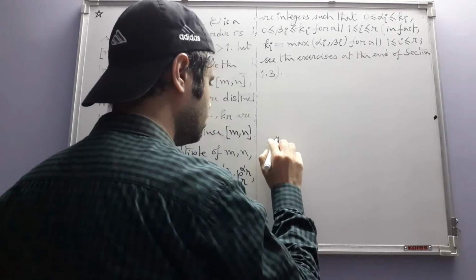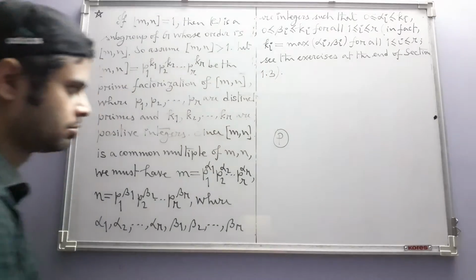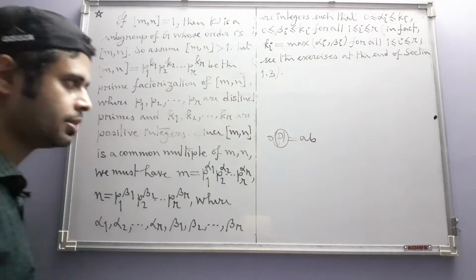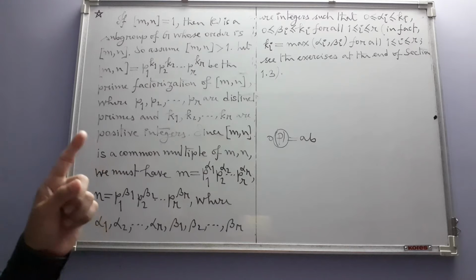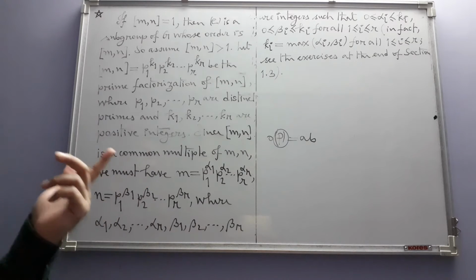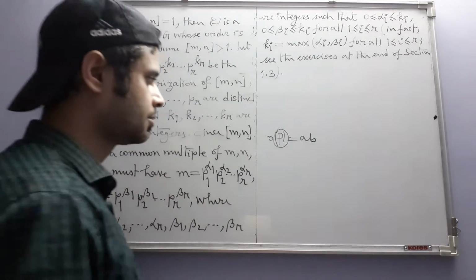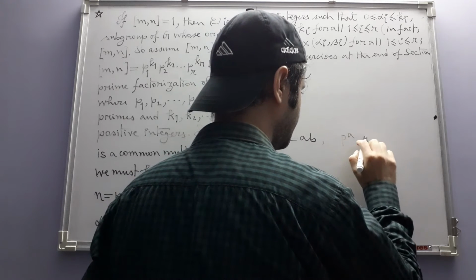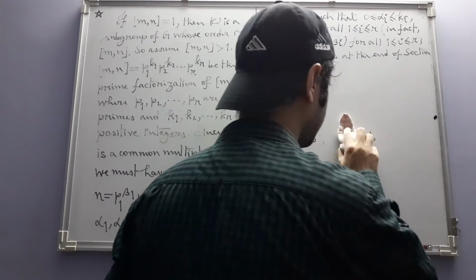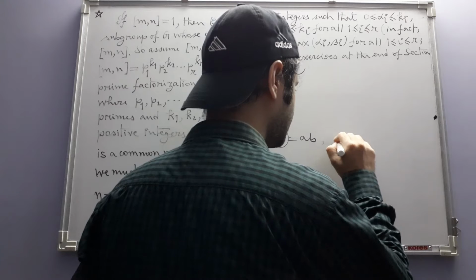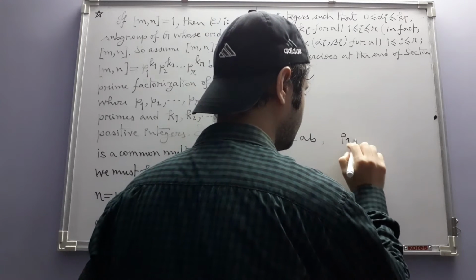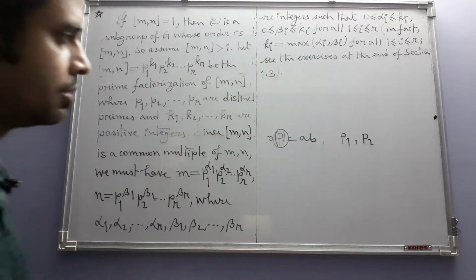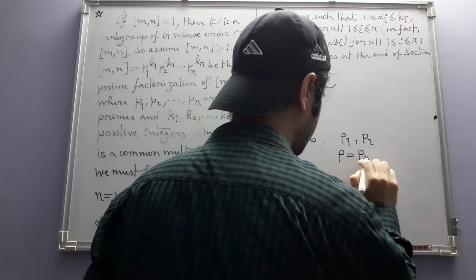You see, if we have a finite abelian group P whose order is expressible in this form as a product of two integers, both of which are greater than 1 and they are relatively prime, then there exist subgroups, say P1 and P2, of orders exactly equal to A and B respectively, such that P is equal to P1 P2.